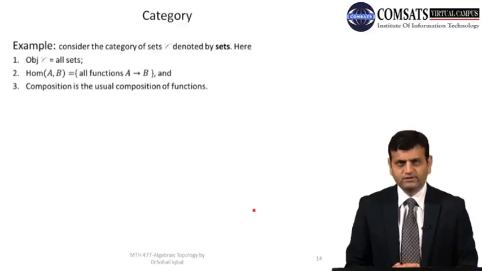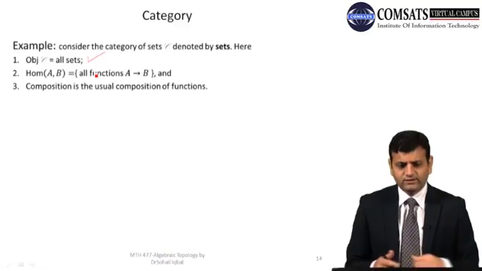Starting from a very simple example, the category of sets. In this case, what are the objects? All sets. Once again, the objects of this category do not form a set, so it's a class of all sets.